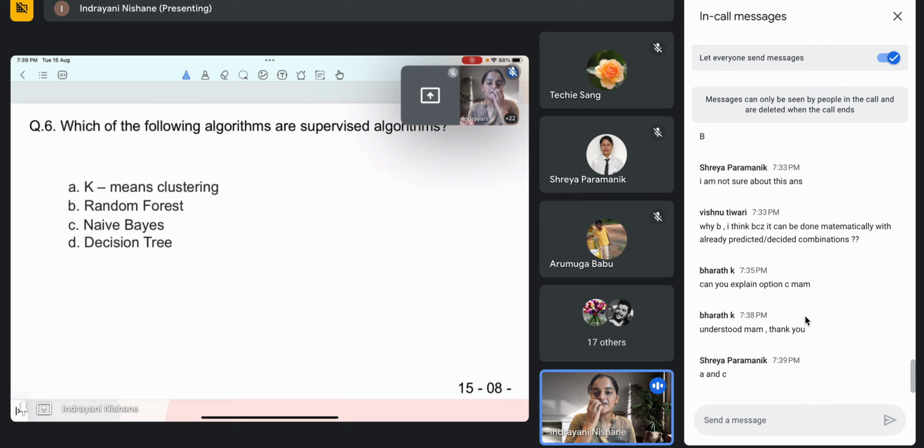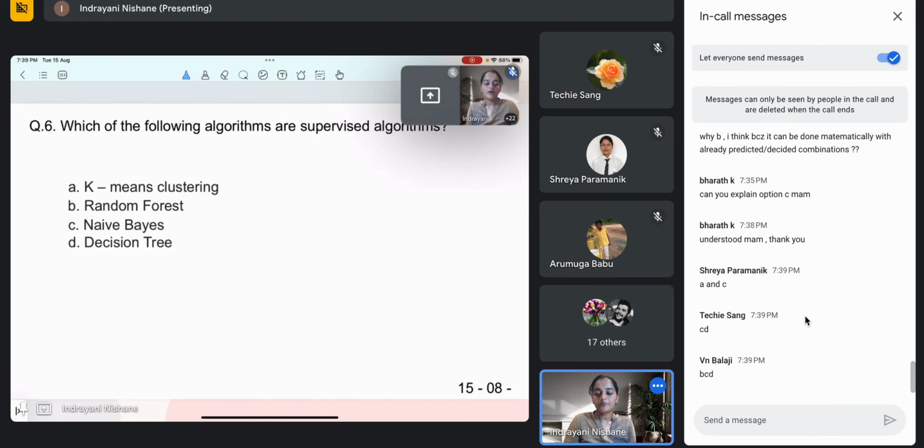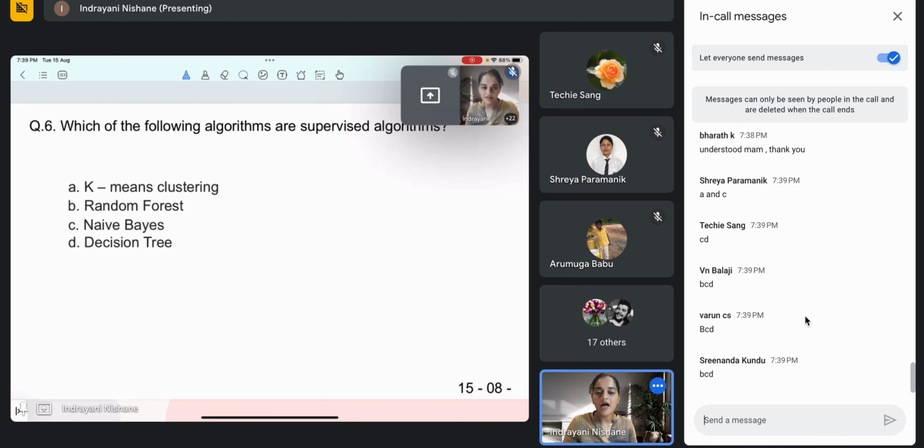So in supervised learning, we have to label the data beforehand, and we train on the existing labels, and then we test on unlabeled data for accuracy, right? So that is a supervised algorithm. In an unsupervised algorithm, there is no labeling of the data involved.